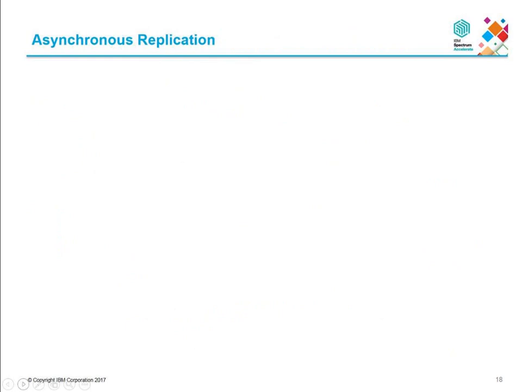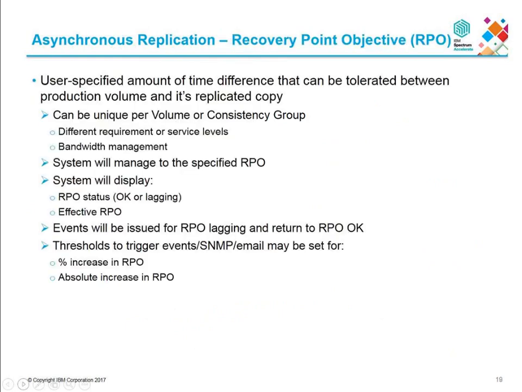Async is a little bit different. With async, I'm going to have an RPO associated with it, and that is based on the time value of the data and how far apart I can afford to have my source be from my destination.